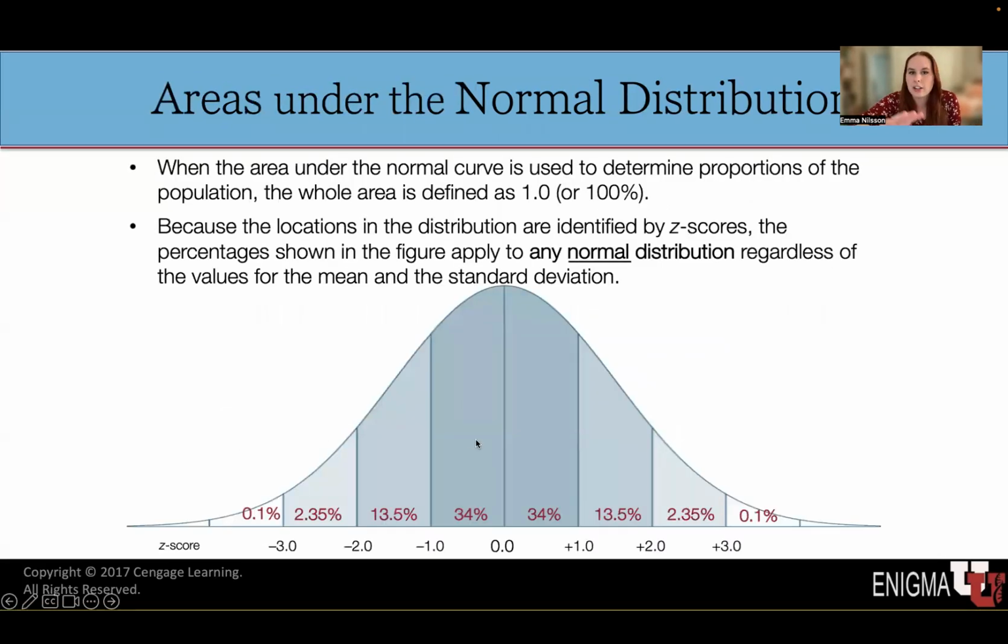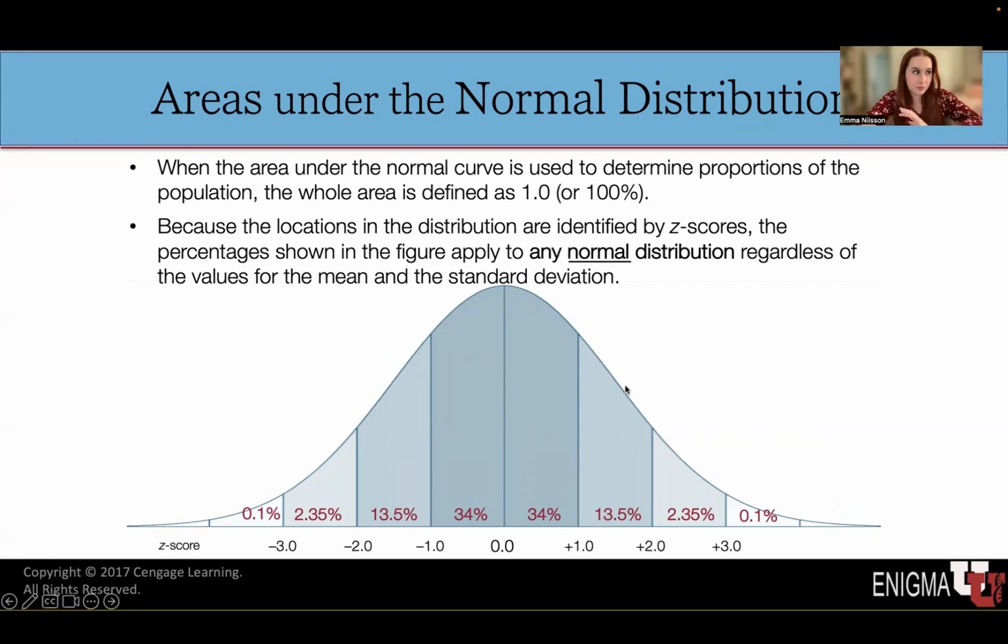Let's look at what that looks like in a graph. So when the area under the normal curve is being used to determine proportions of the population, we're going to define the whole area as 1 or 100%. So this is all going to be 100%. And because the locations in this distribution are identified by z-scores, the percentages shown in this figure are going to apply to any normal distribution, regardless of the values for mean and standard deviation.